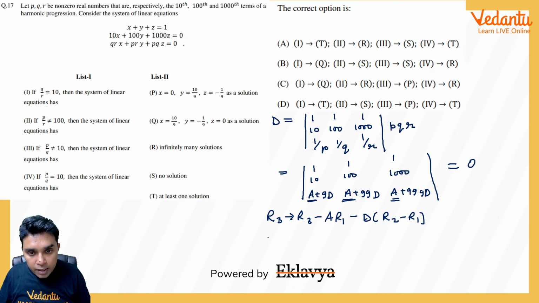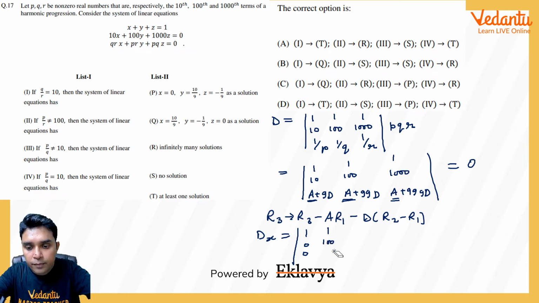So here I can now find dx, dy and dz as we do in Cramer's rule. My first column will be replaced by 1 0 0, and here I will get 1 100 1 upon Q, or let me write the original one only, that is also fine, PR here, and 1 1000, and PQ here.